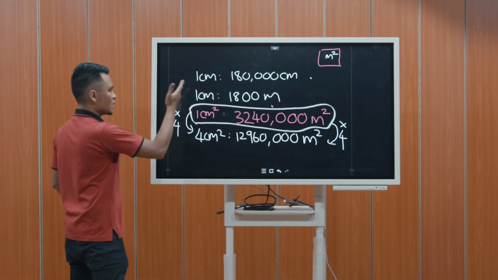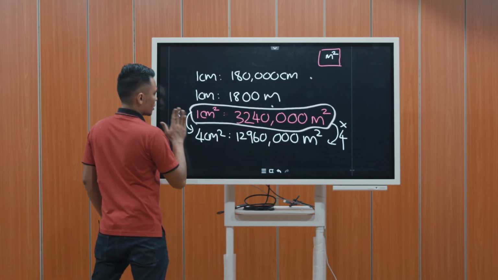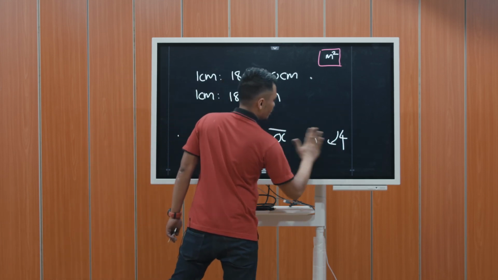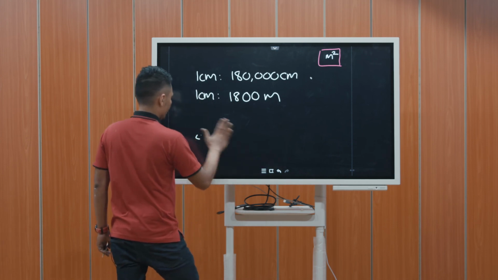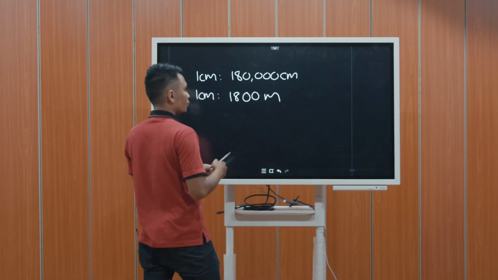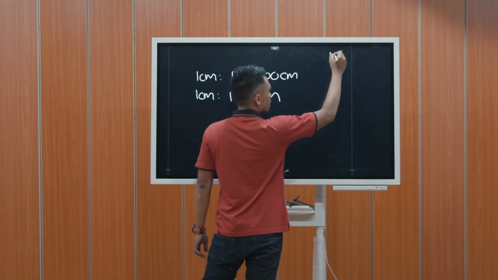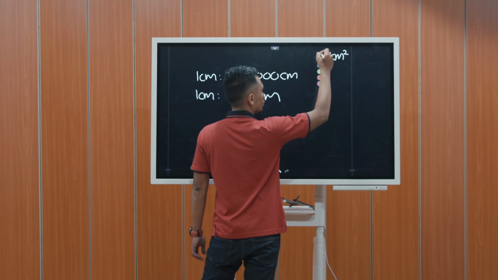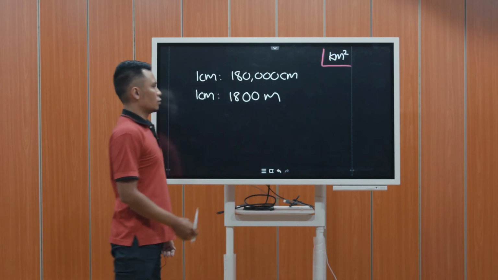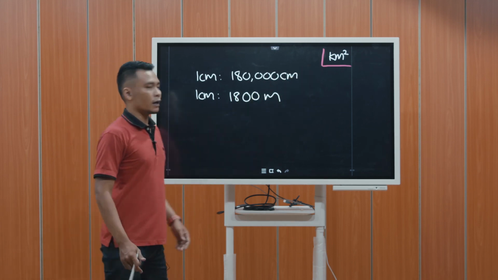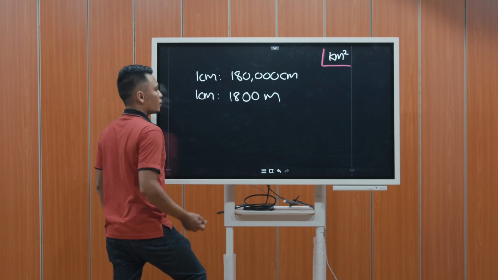Okay, with the same question, why don't we try if they want it in kilometer square? What if they want it in kilometer square? I'll put it here so everybody will know. First, they want the end answer to be in kilometer square, right? So I convert this in kilometer first.